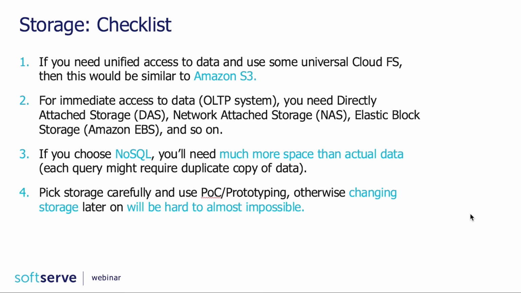And of course, never trust papers, paperwork, white papers and so on. Always build some POC prototype on top of the solution you want to build and see if this storage is good or not for you. Because storage, as in the case with Netflix, is at the root of the system, and changing it at later stages will cause huge pain for the project.